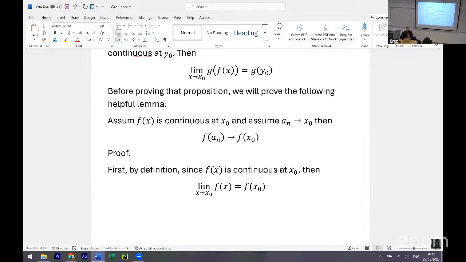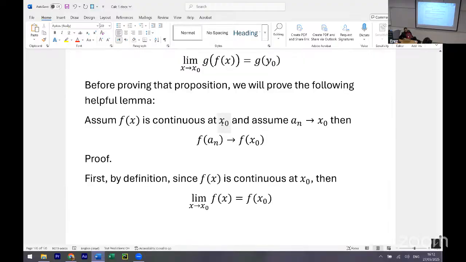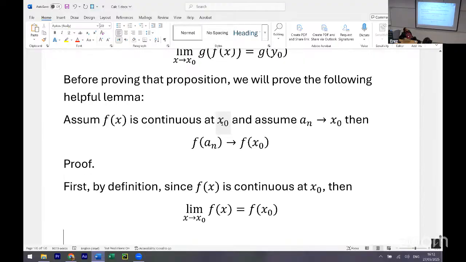Tell me what next. What can we use here? We have an that approaches x0.